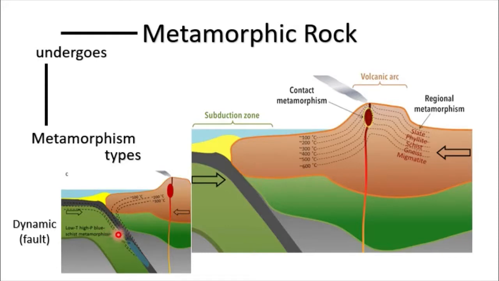That will produce another type of metamorphic rock. The process is still called metamorphism. So the three types of metamorphism are contact metamorphism, regional metamorphism, and dynamic metamorphism.